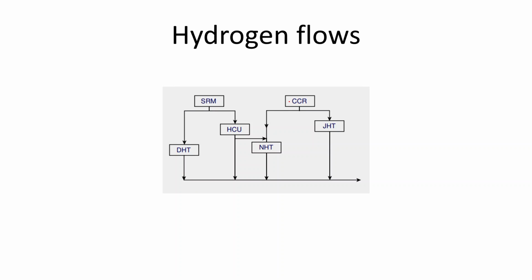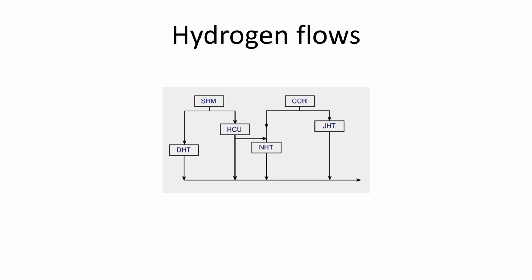And the thing that we also discussed last time is the hydrogen flow, because hydrogen is very important in a refinery. Typically they have an SMR, steam methane reformer, which produces hydrogen, and it's used in 2 different units in this case.